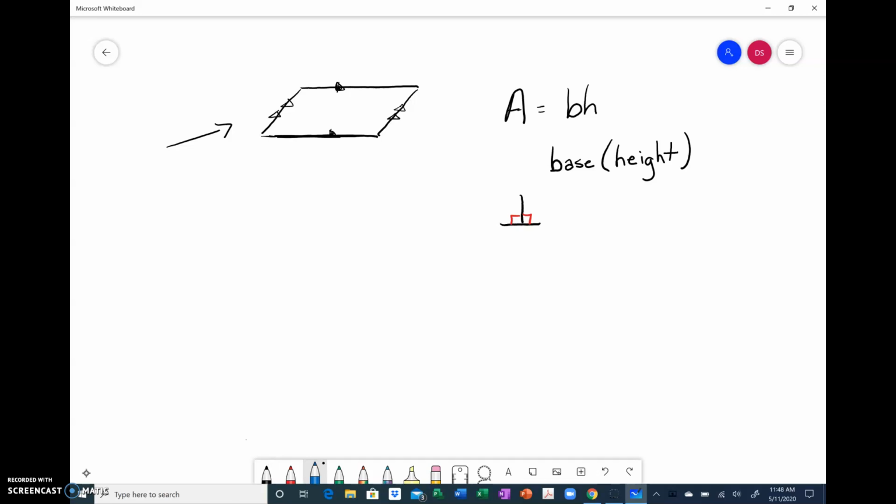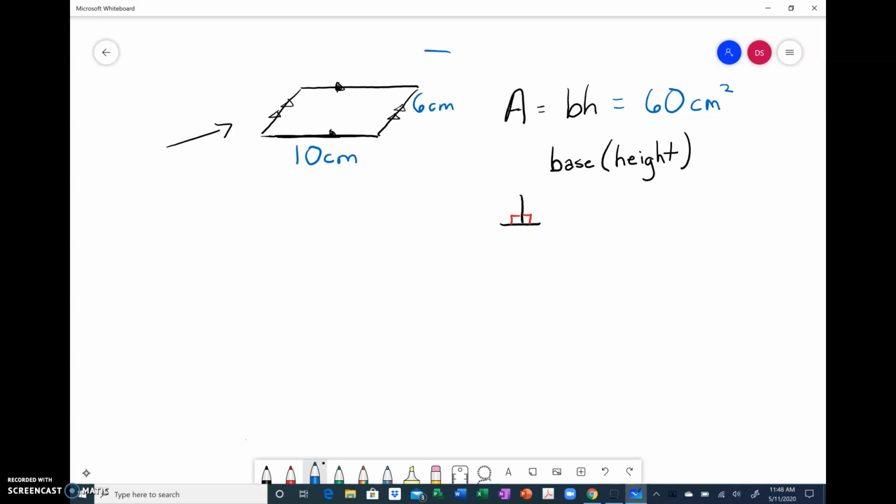If I tell you that the base of this parallelogram is 10 centimeters and the height is 6 centimeters, and you're in a hurry, you just put a 6 over here and do base times height, and you say, oh, that one is 60 centimeters squared. That was so easy. Now, actually, that is the right answer because I told you what the height was.